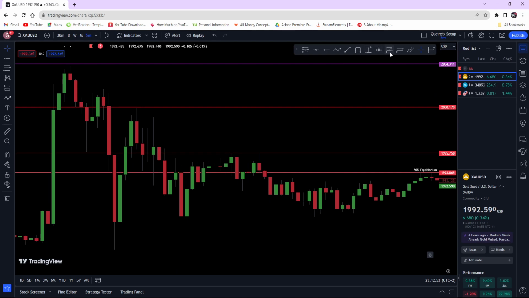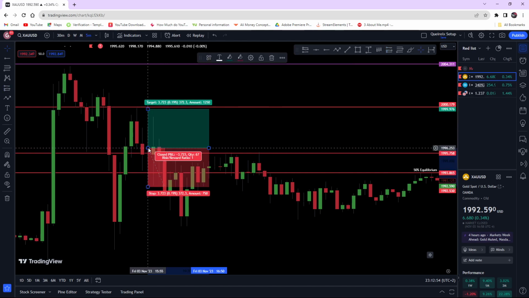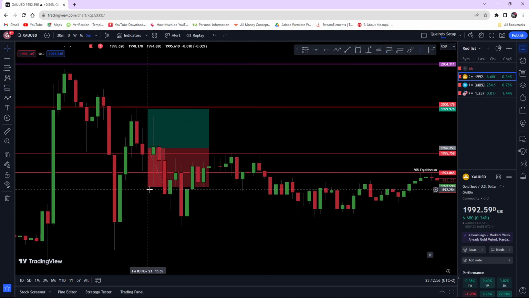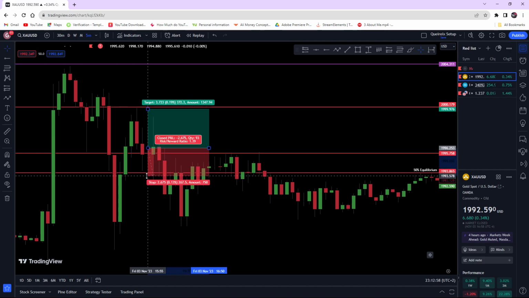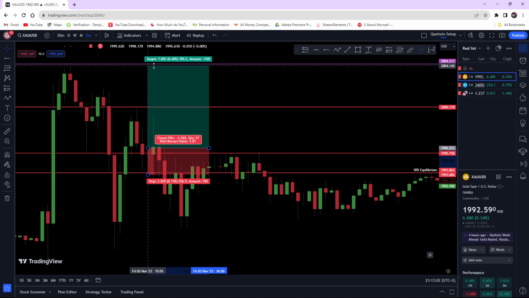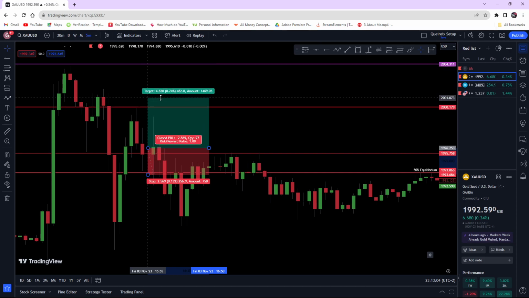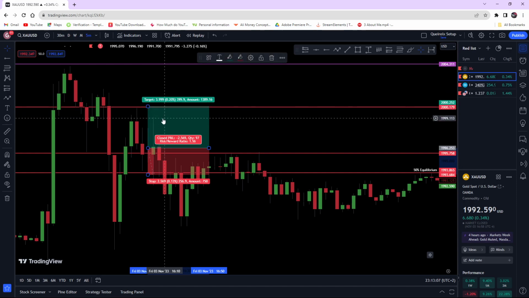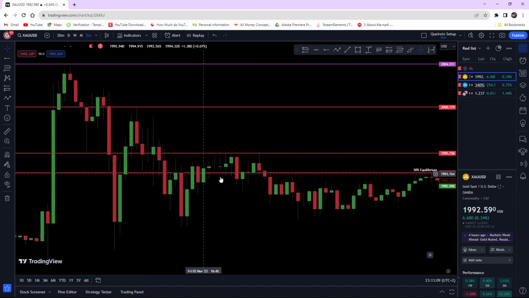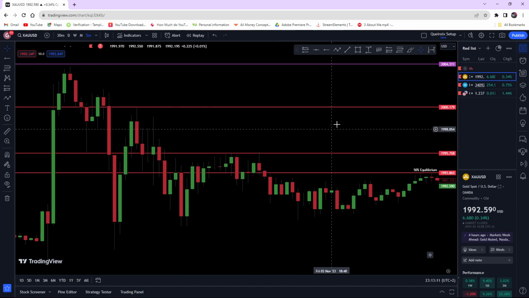Once it breaks above over here like this, you can see that's not even a 1:2 risk to reward ratio. That would be a good one, but because of the resistance over here, that doesn't give you a 1:2 risk to reward ratio.